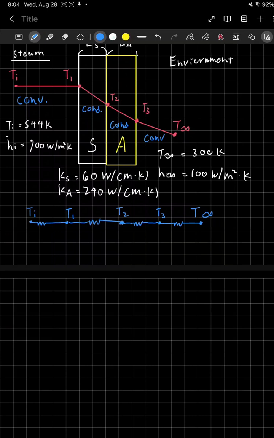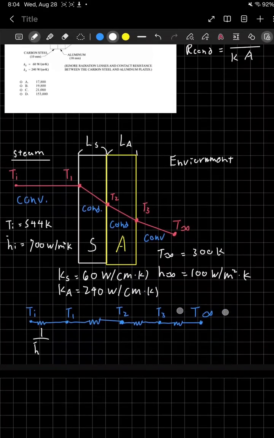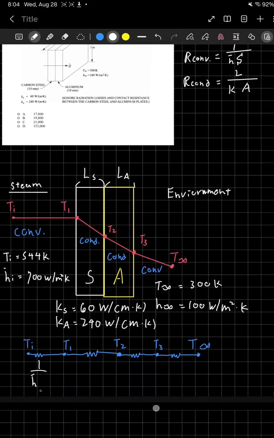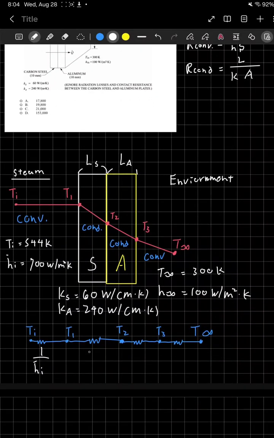And to make it more clear, I'm going to write down the resistances from each temperature to the next temperature. So from Ti to T1, that's convective, which is going to be 1 over h bar, our heat transfer coefficient, and it is h bar initial, as we can see from the system above. T1 to T2 is conductive, as we've said before: Ls, the length, over K times A, times the surface area.